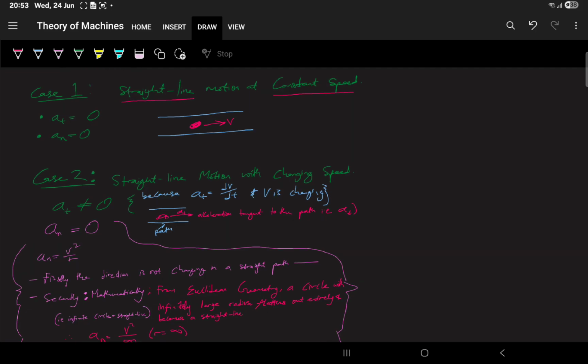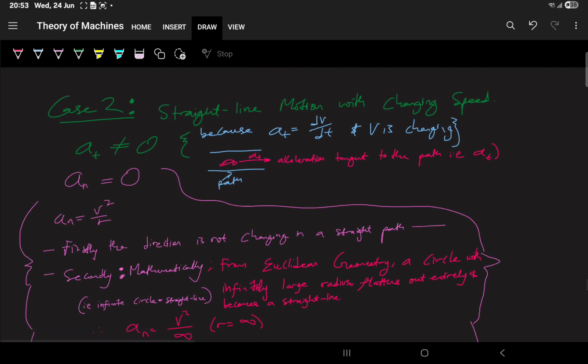Case 2, straight line motion with changing speed. Now look for the keywords. Straight line motion with changing speed. Direction is given, the speed is changing, which simply means the magnitude of the velocity is changing.